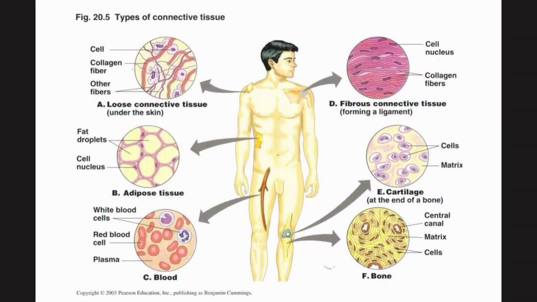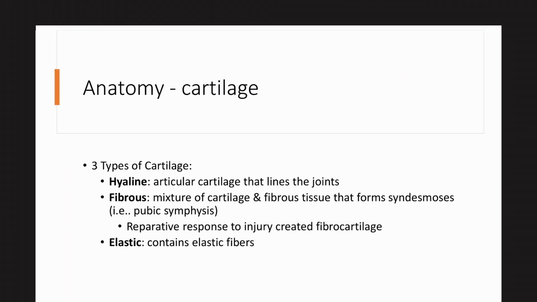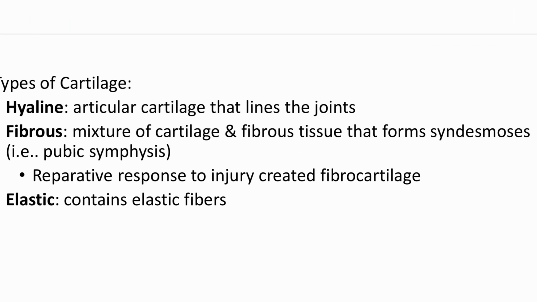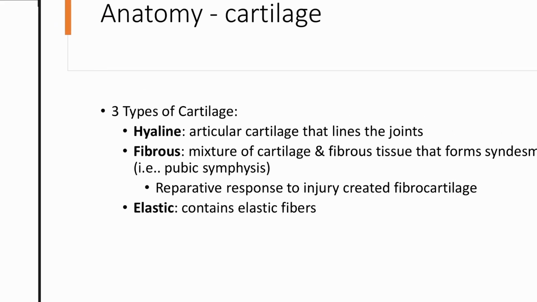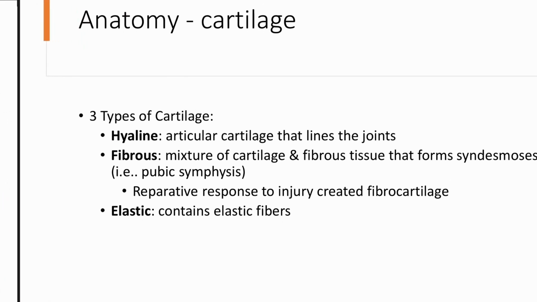So here is an example of the different types of connective tissue and where they're found. When it comes to cartilage, this is the surrounding part of the bones. There are 3 major types that we're going to be talking about. First one is hyaline cartilage. This is articular cartilage that lines the joints.